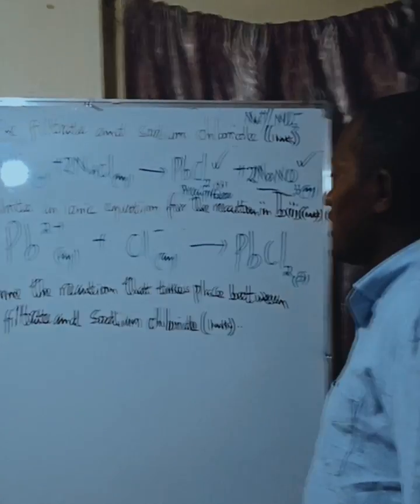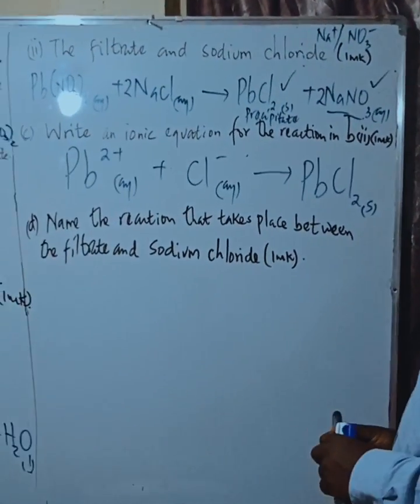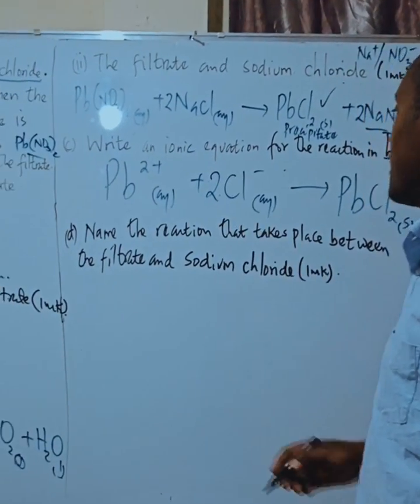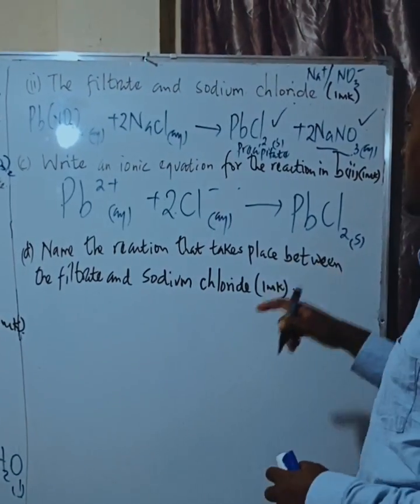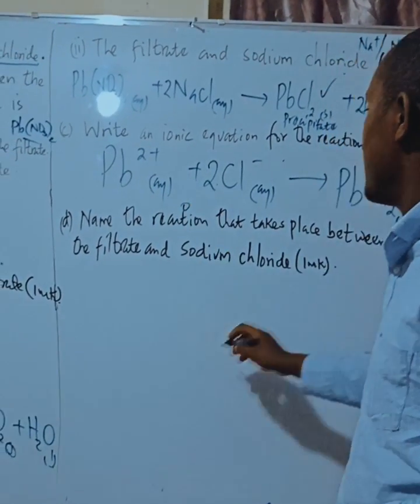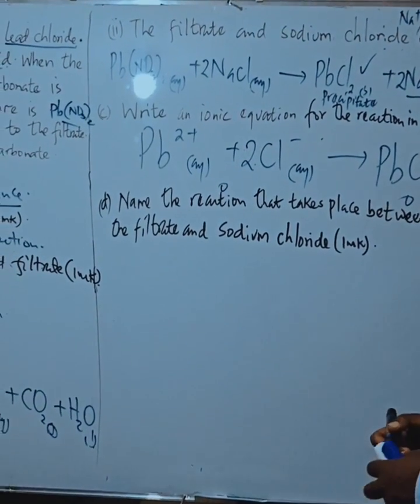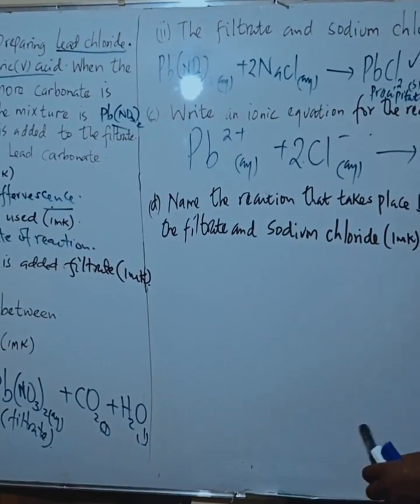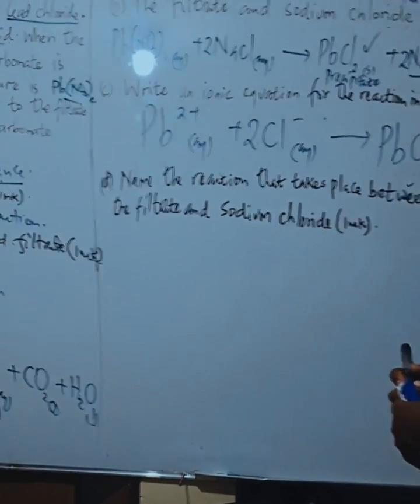So balancing this equation, you put a 2 there, because chlorine is 2, charge is 2 negative, 2 positive, overall charge is 0, and here overall charge is 0. So even charge, you must balance charge.